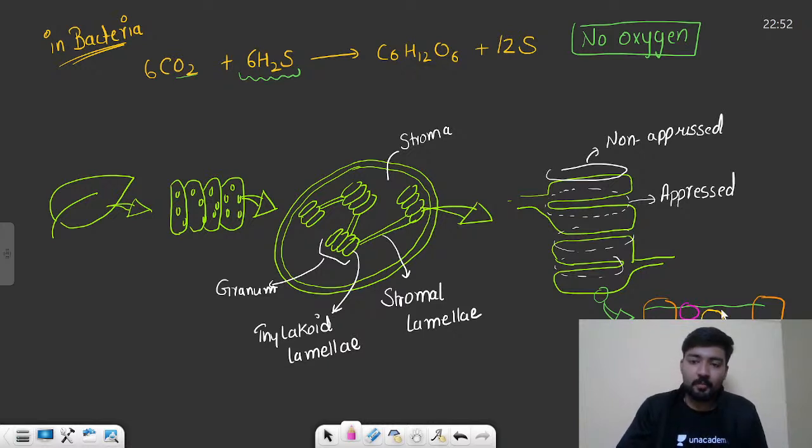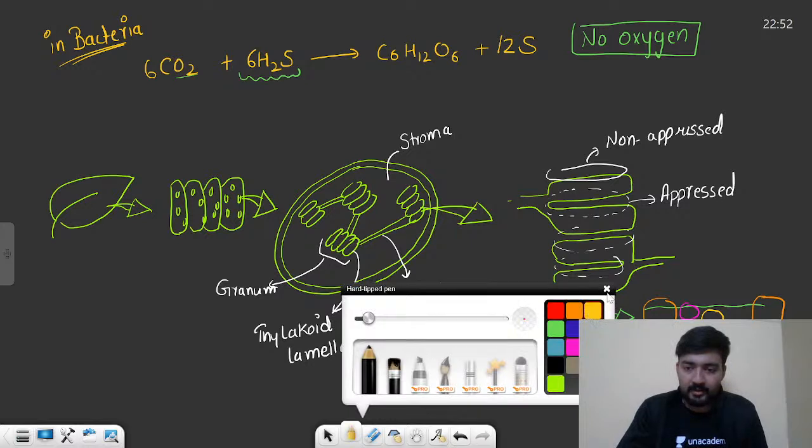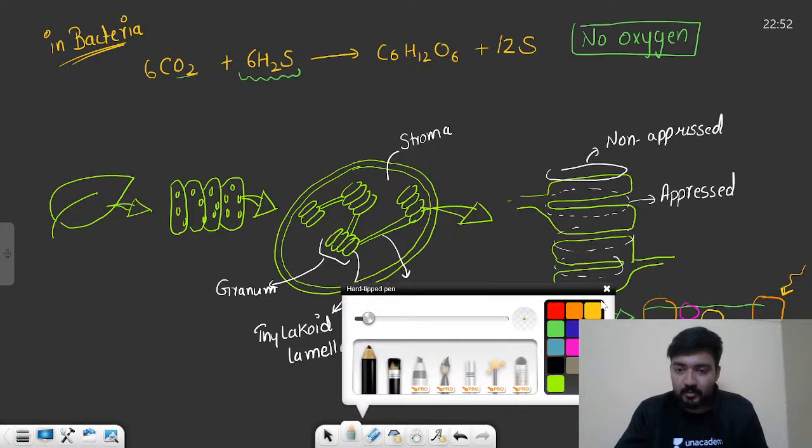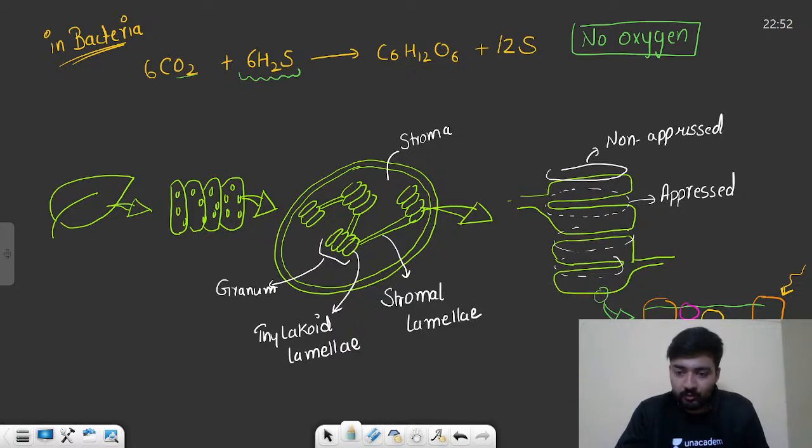So certain complexes are arranged, and these two bigger complexes, these two systems, are responsible for capturing sunlight. And this particular complex is responsible for taking water and producing oxygen, right? If we take one water molecule, we'll get one oxygen.